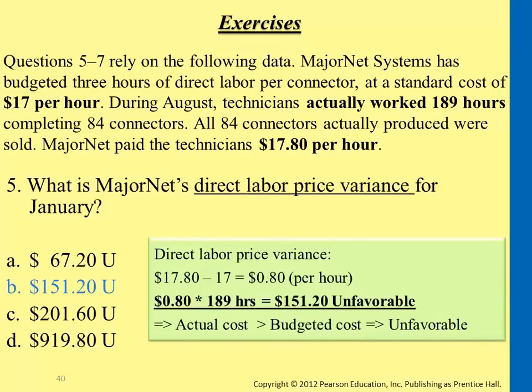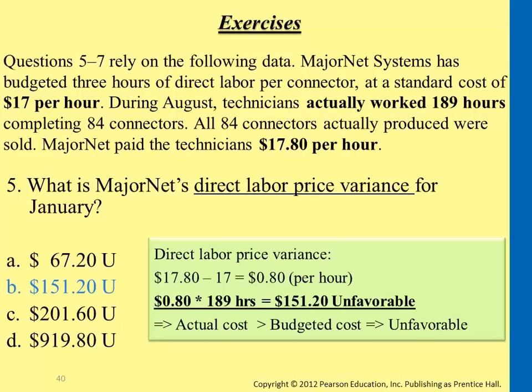Right, because for the hourly rates, the wages is based on the number of hours that the workers worked. So if you are a part-time worker, you worked for 10 hours, then at our hourly wage rate, you're going to be paid $17.80 times 10 hours, right? So here we use 189 hours because we're calculating labor cost. So labor cost is heavily based on the hours that the workers actually spend on certain projects or certain jobs.